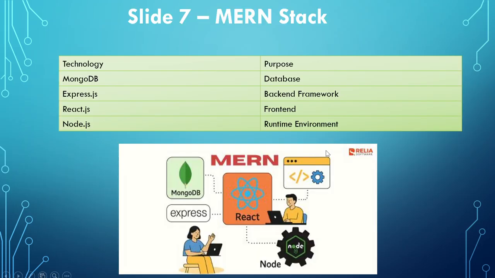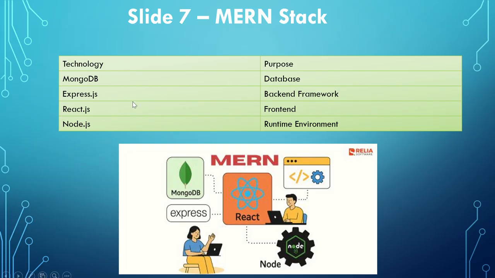Now let's see what are the tools and technologies that we used in the development of the project. This project is built using the MERN stack. MongoDB stores all the application data, including the users, restaurants, menus, and orders.